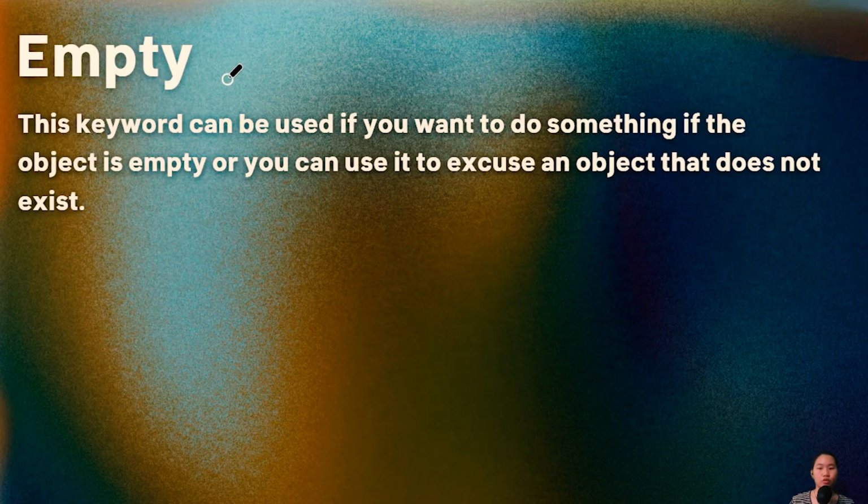Now let's move on to empty. Empty is a keyword that can be used if you want to do something with an empty object. Or you can use it to handle an object that does not exist or an object that is empty, basically.